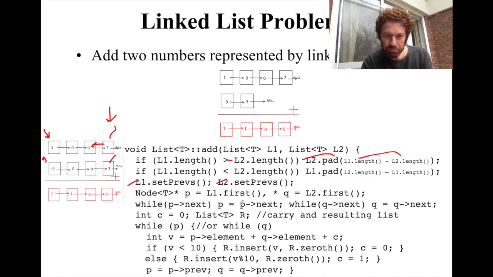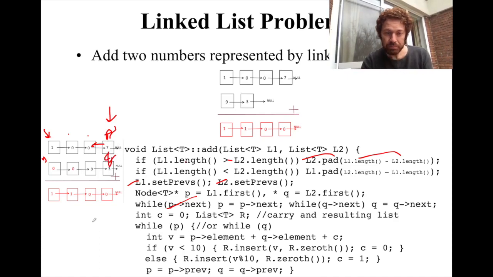So I will move P here. I can do it with this while loop, right? P starts here. P.next exists, so I advance P. P.next exists, P is this. Now be careful, P.next doesn't exist. So the while stops, P is here. Similarly, Q is here.